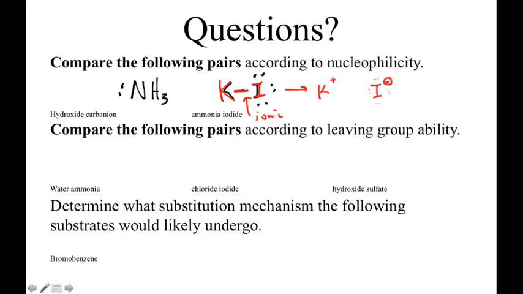The negative charge is still present. Iodide is still going to be our better nucleophile. So sometimes that information will get hidden from you. Be aware of that. Always watch out for that ionic bond.